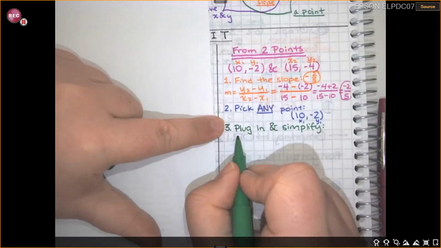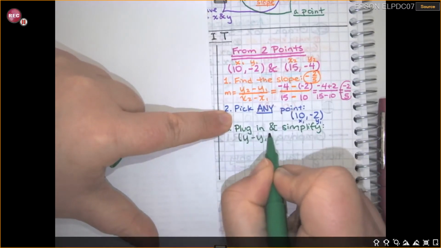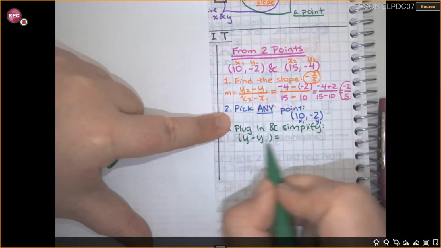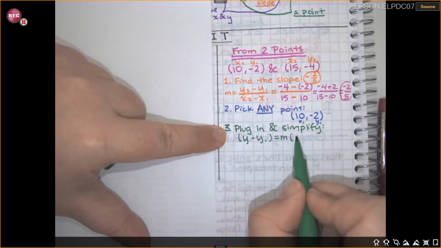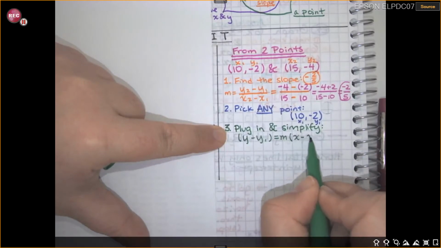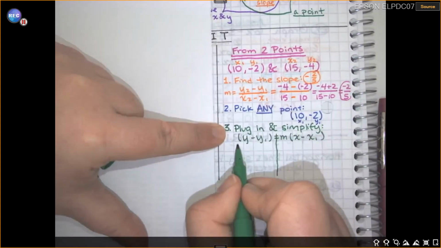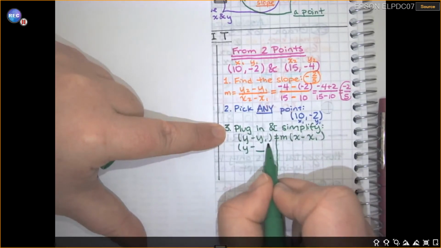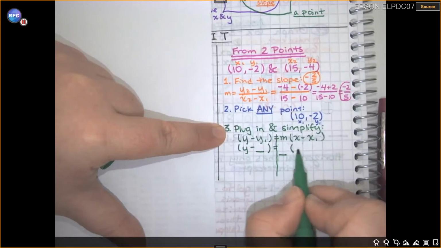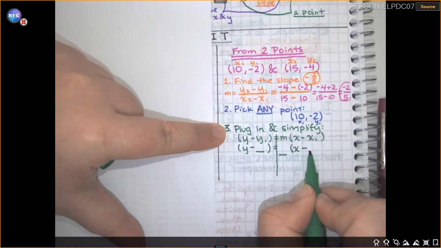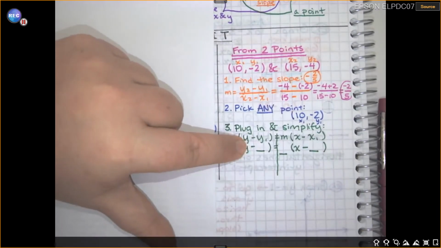Okay, so again, I'm going to start with my form. y minus y sub 1 equals m parentheses x minus x sub 1. And again, I'm going to rewrite it, leaving blanks for my spots that I'm going to plug things in so that I know I have the negatives in the correct spots.